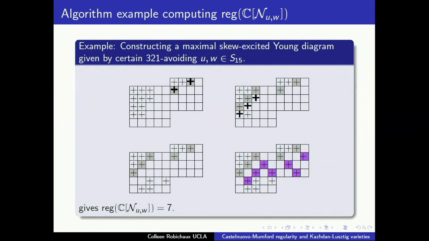And so what I'll do is I first am going to bold the lowest westmost or eastmost diagonal of pluses here. So here, the longest diagonal of pluses I have bolded. And once I've bolded, I'll shade sort of a highest choice that's weakly above this diagonal here. So that second condition is a bit technical, but I'll bold and then I'll shade a diagonal that is the same length.